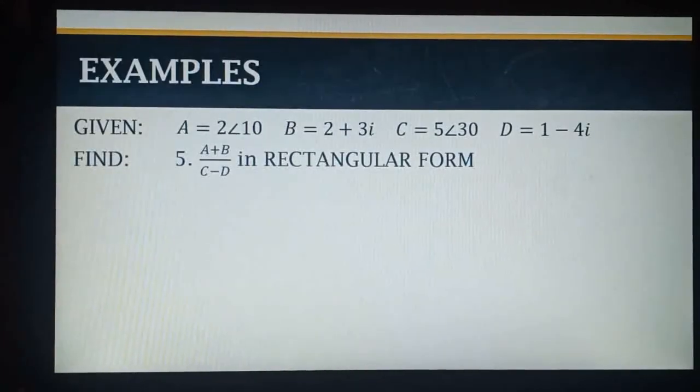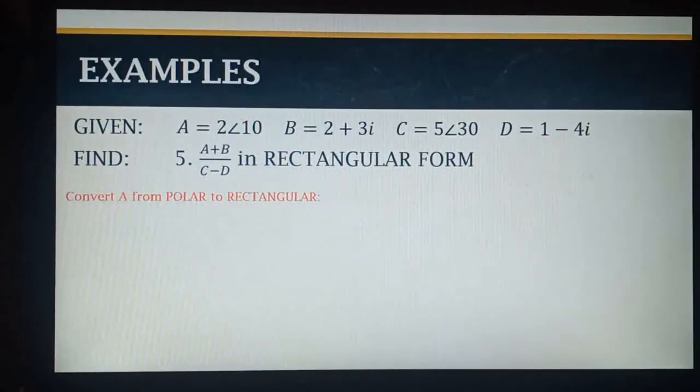Then the last item, which is example number 5, you have to get A plus B all over C minus D, wherein your answer must be in rectangular form. So converting A from polar to rectangular, so yung kanina, A equals 2 cosine 10, wherein equivalent to 1.97.